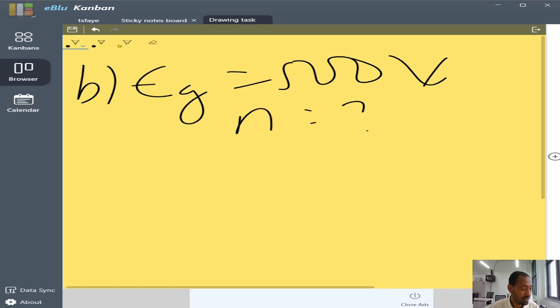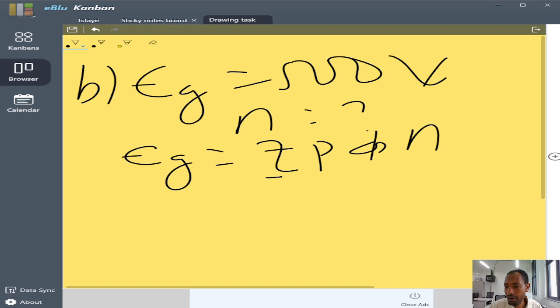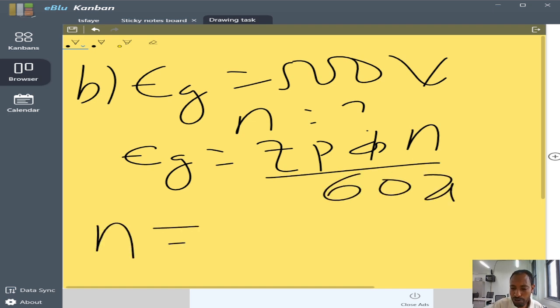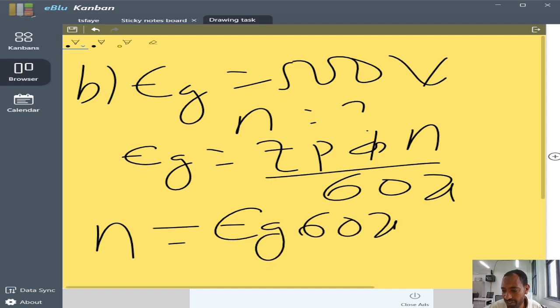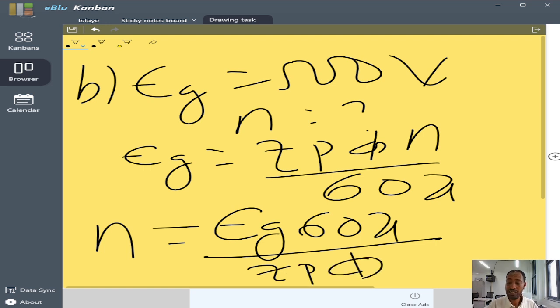It's simple. From the previous equation, EG equals ZP phi N by 60A. If you try to solve for N, N equals EG times 60A divided by ZP phi. Everything is given. What is changing now is EG, which is 500, a new value.